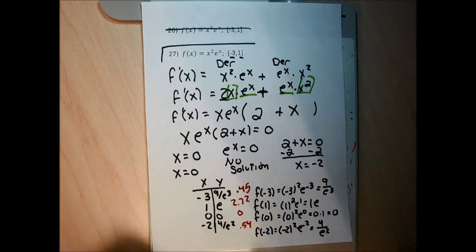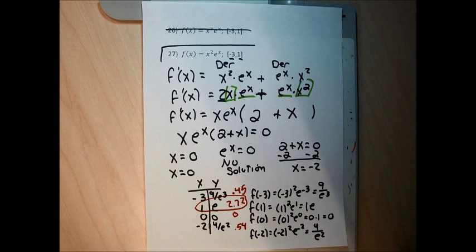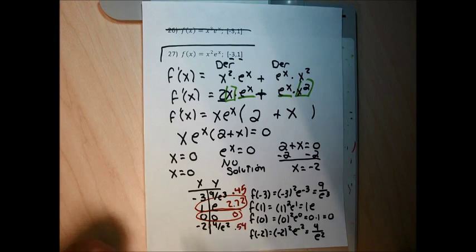Now I look at the y values. There's no duplication of the y, so there can only be one absolute max and one absolute min. The biggest y value is 2.72, so that's going to be my absolute max. And the smallest y value is 0. That's going to be my absolute min.